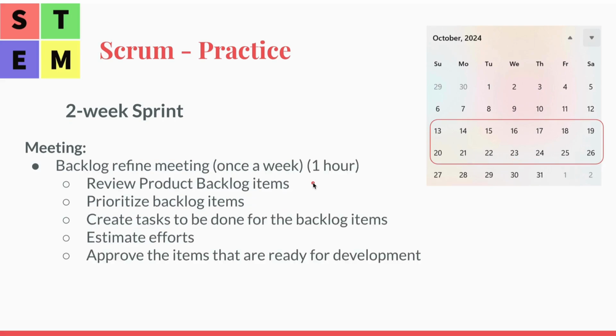After that, there will be the backlog refinement meeting, usually once a week, an hour per session. We can put it on the 16th and 23rd, so let's say each Wednesday. Each Wednesday, we are going to review product backlog items, the main list you've seen at the beginning, without detailed tasks.